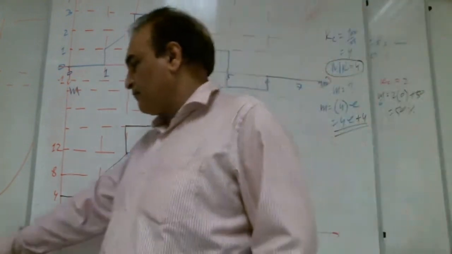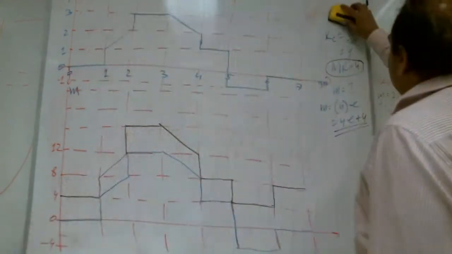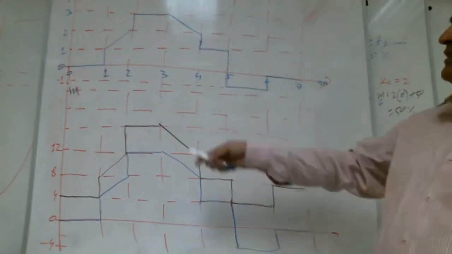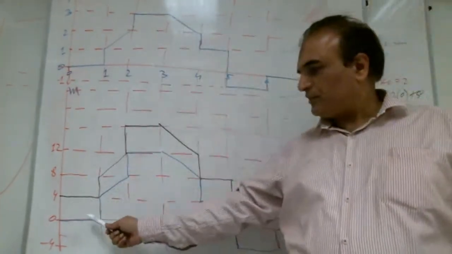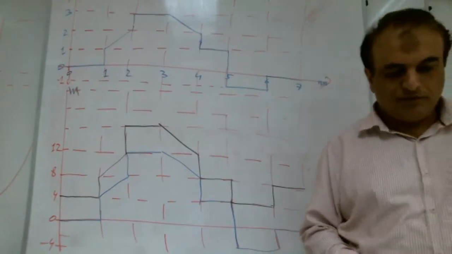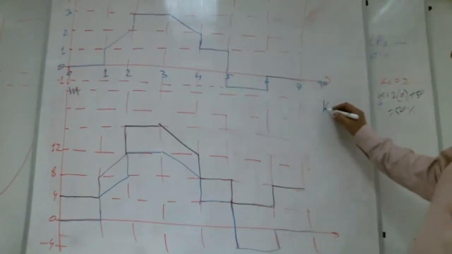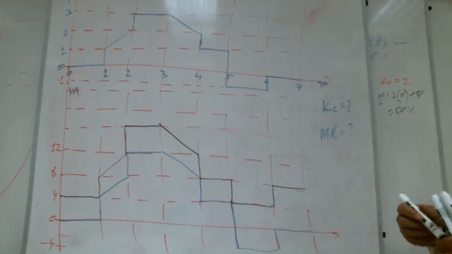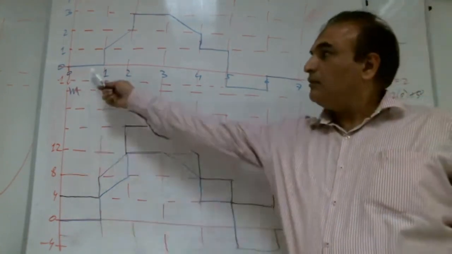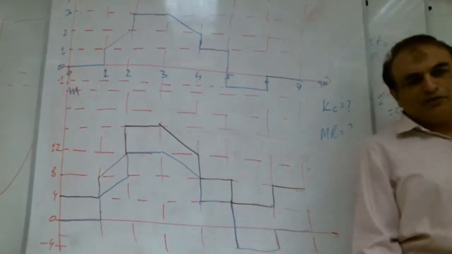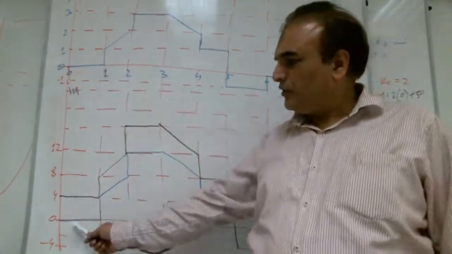Now imagine this curve is given like this. Okay, Shabab, this is the error, this is the output, the blue one, right? Find the gain, find the MR. So how much is MR for the blue one? 0, because both are starting from 0.